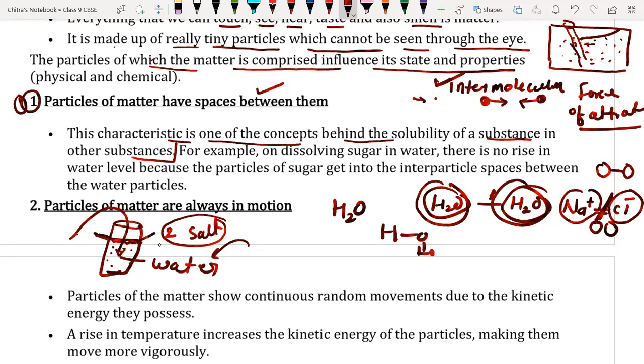So that is what we are discussing here. For example, dissolving sugar; we have taken salt here, and in another example we have sugar in water.